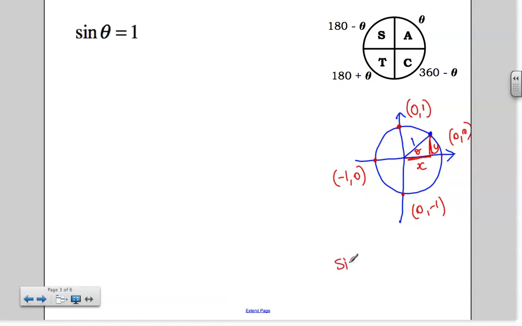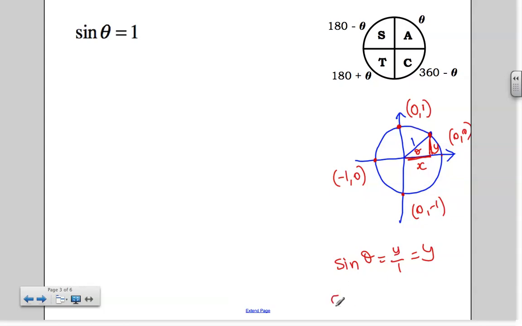So sine of theta, which in this case is the opposite over the hypotenuse, is just y over 1, which is just y. So our new definition for sine theta is that it's the y coordinate of this point as it goes around the circle.